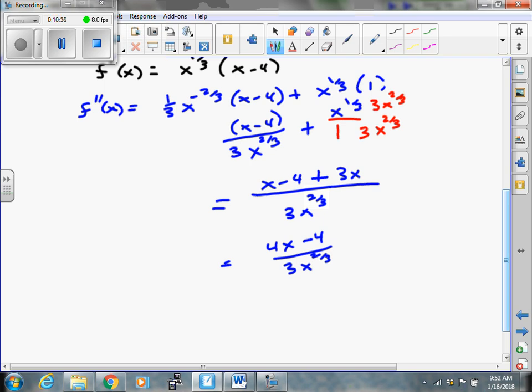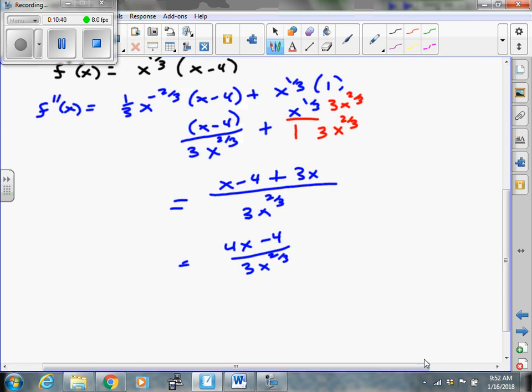Now, I need the double derivative to be undefined or 0. So I set it equal to 0, which means set the top equal to 0, which gives you x is 1. So there's a potential point of inflection. But I also have to set the denominator equal to 0, because that's where it's undefined.